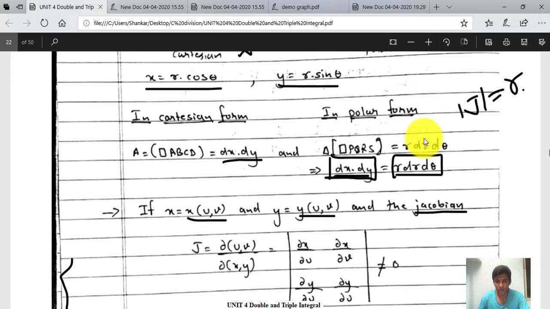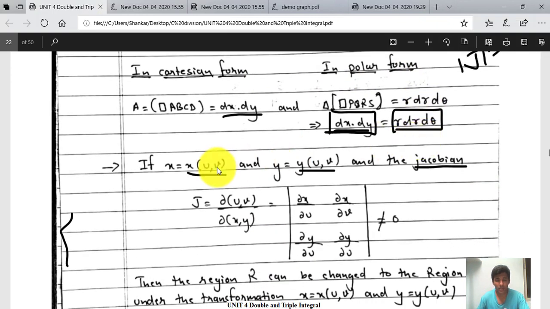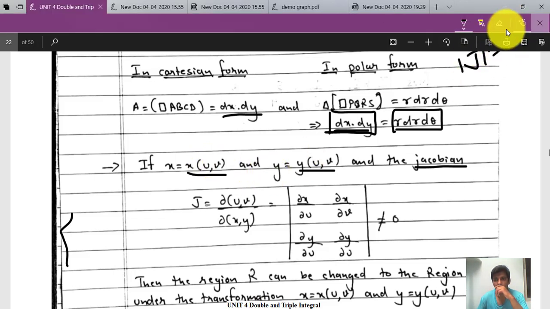Fine. Now let us see certain cases: how does this transformation take place over certain functions? Let me take one of this type. Any given variable x is expressed in terms of some other variables u and v, and y is also a variable expressed in terms of u and v.